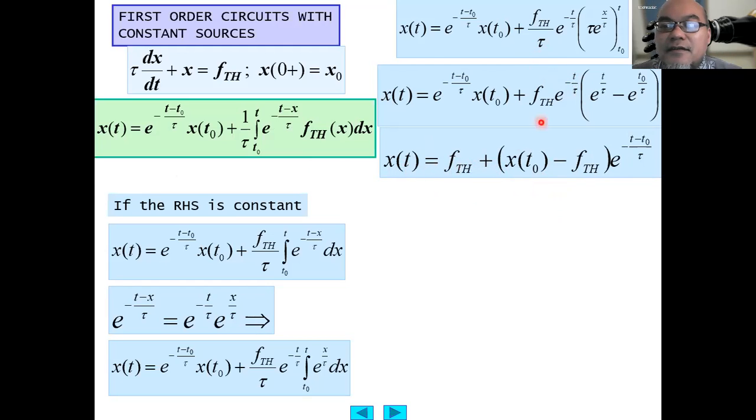This times this equals 1, since exponent minus t over tau plus t over tau is exponent 0, which is 1. So this becomes f, this term. And the other term becomes f times exponent minus t over tau.